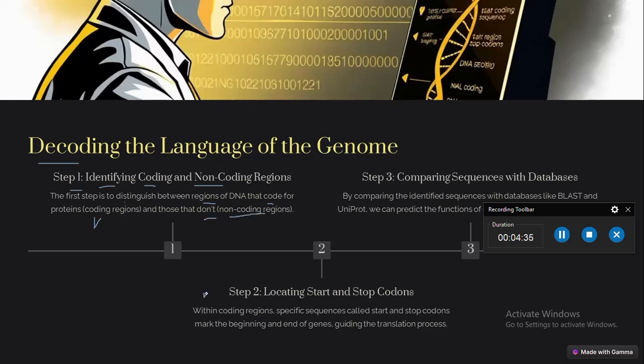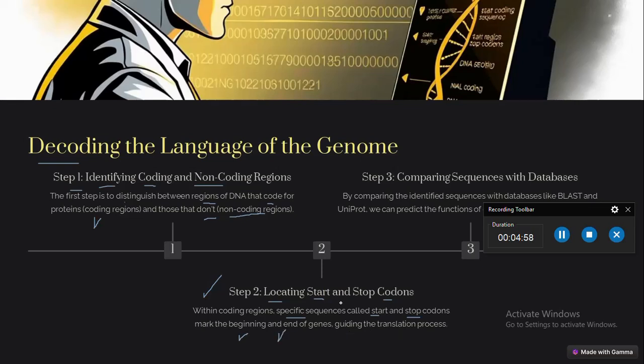Step 2: we locate the start and the stop codon. Within the coding region, a specific sequence called the start codon and a specific sequence called the stop codon mark the beginning and the end of the gene.